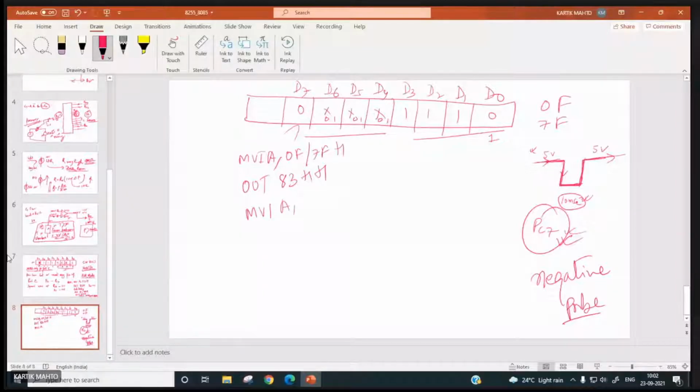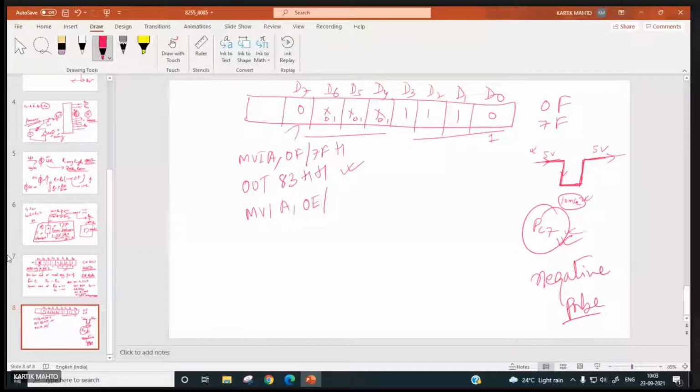No, it's not needed. In BSR mode, it is dedicated only for port C. The moment you write the control word onto the control register, the port C pin will be affected directly, set or reset.